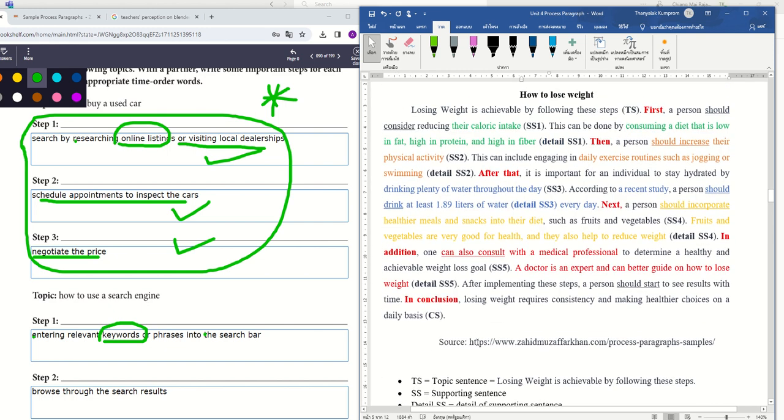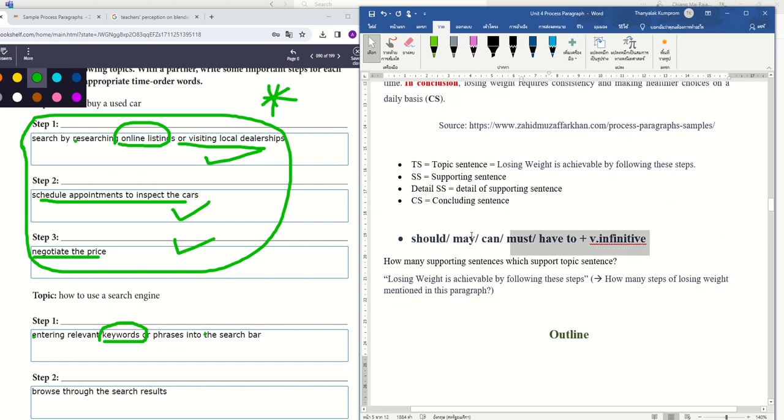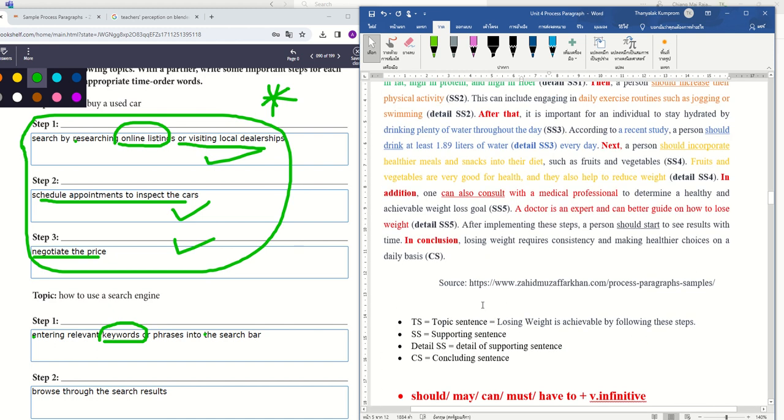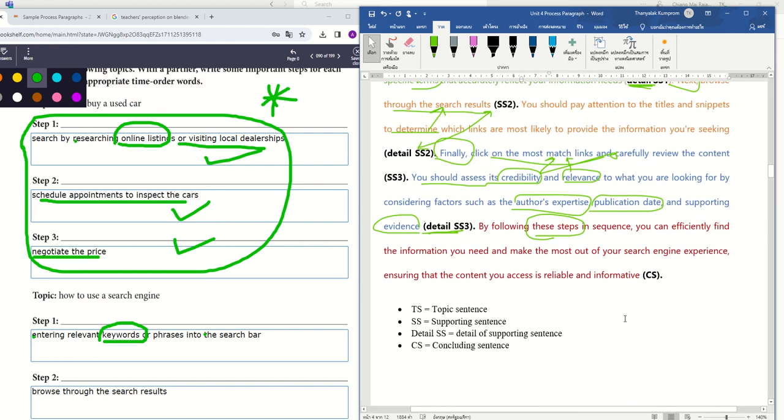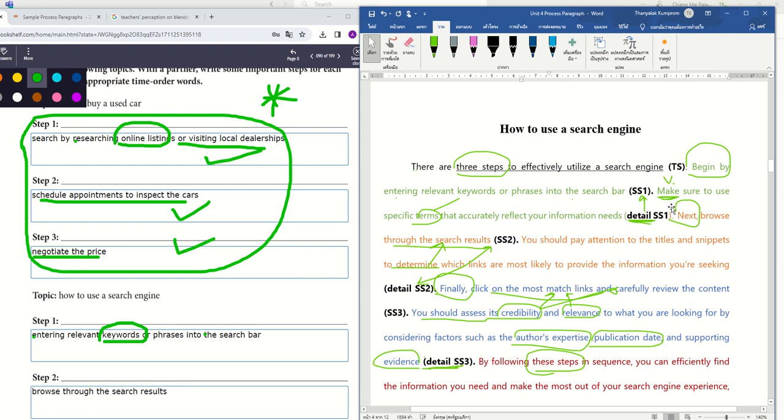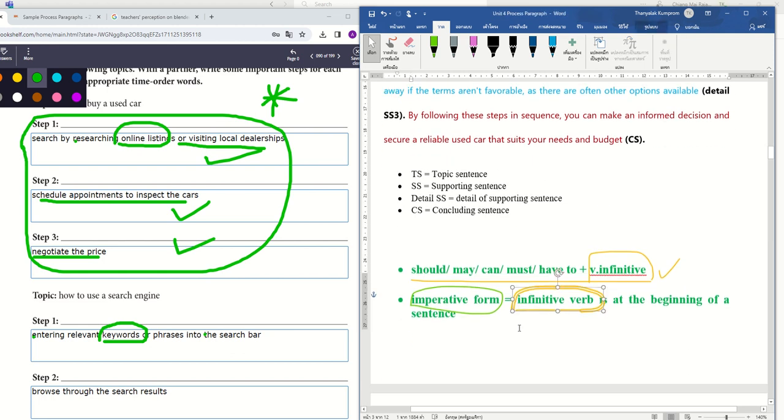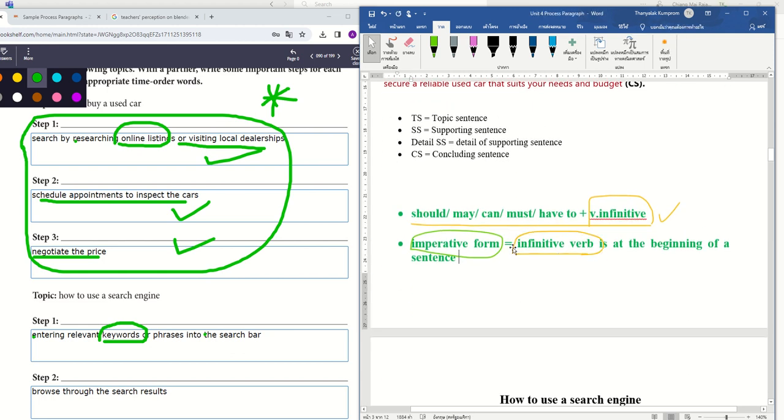In this paragraph, only this pattern appears. But for the previous one, this is the structure of the use of the imperative form or infinitive verb at the beginning of the sentence.